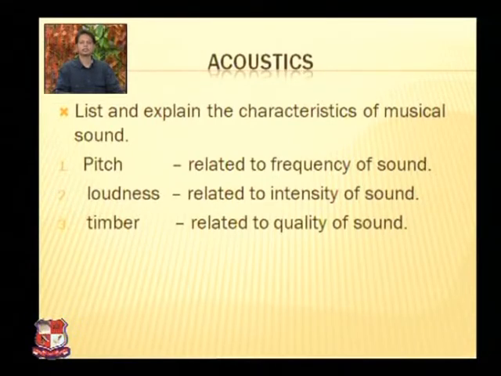Next, list and explain the characteristics of musical sound. First of all, you have to explain these 3 points: pitch, loudness and timbre. These are the 3 characteristics of musical sound. Pitch is related to frequency, loudness is related to intensity, and timbre is related to quality. These are the 3 points that are necessary.